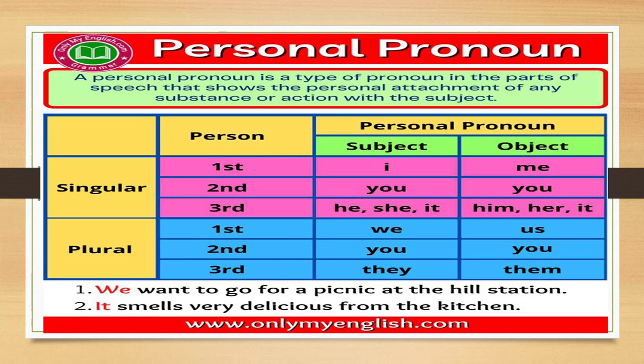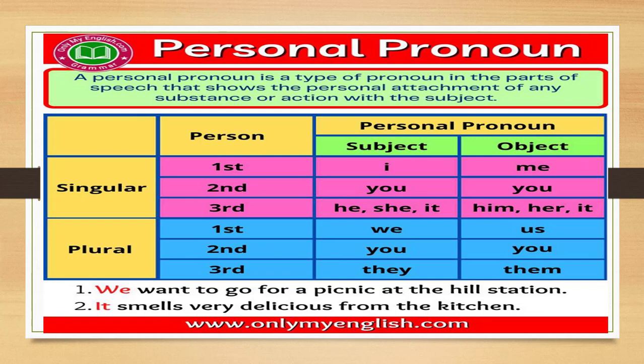Subject pronouns can be I, you, he, she, and it in singular, and we, you, and they in plural. Object pronouns, such as me, us, you, and them, mean the object in a sentence. But I, you, he, she, it, we, you, and they can be the subject in the sentence.